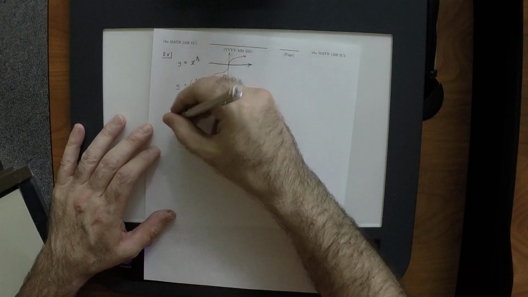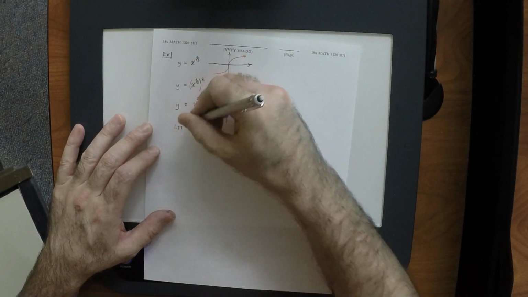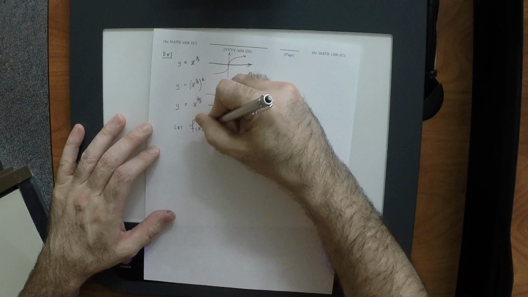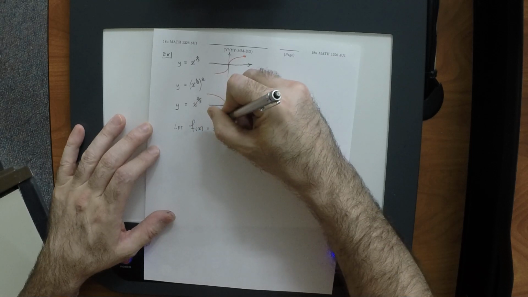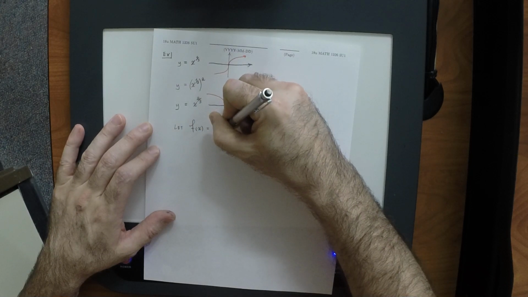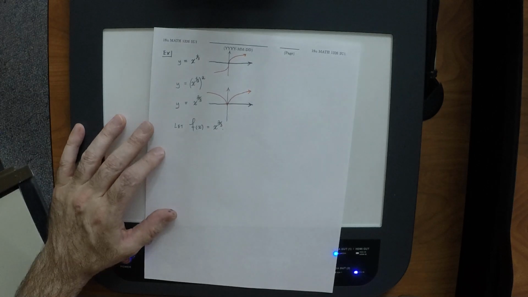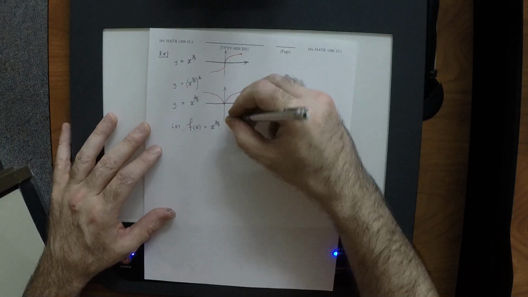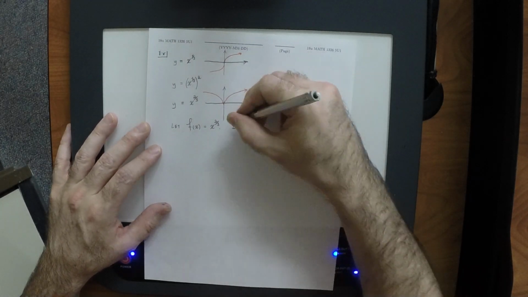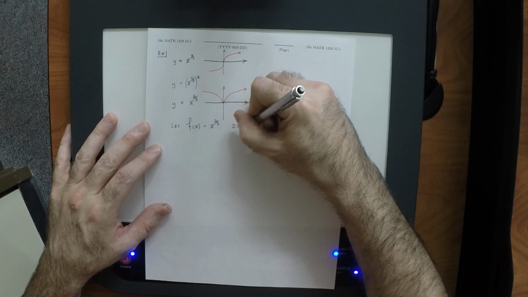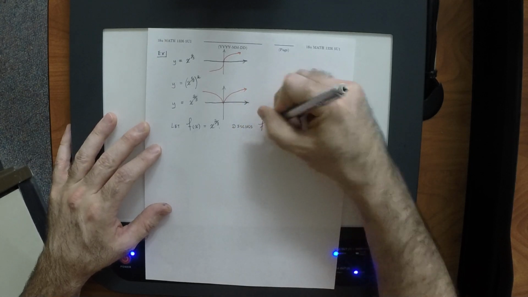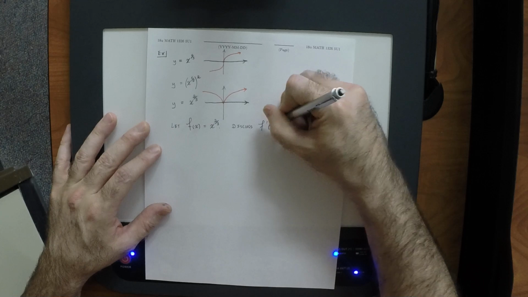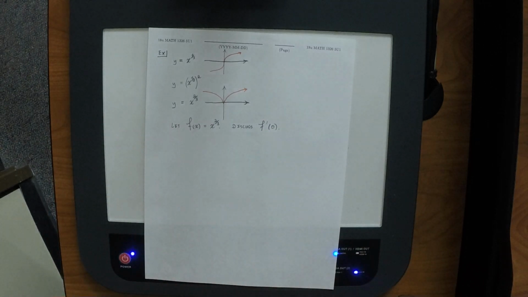So let's consider the function. Let f of x be x to 2/3. Okay, so then I guess the question is, please discuss the derivative evaluated at 0. In the end, that's the question.